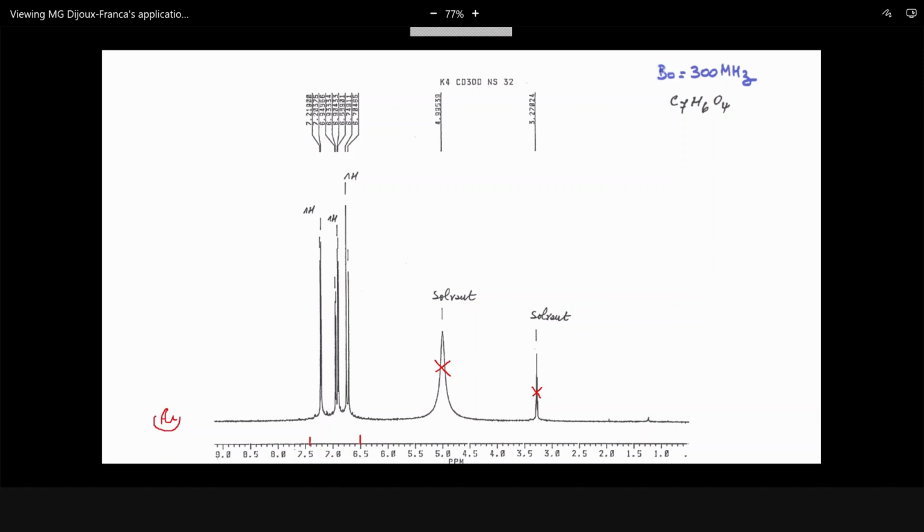Did you calculate the double bond equivalent? No, I haven't. It is 5. So what does it mean? How many unsaturations do you have in an aromatic ring?